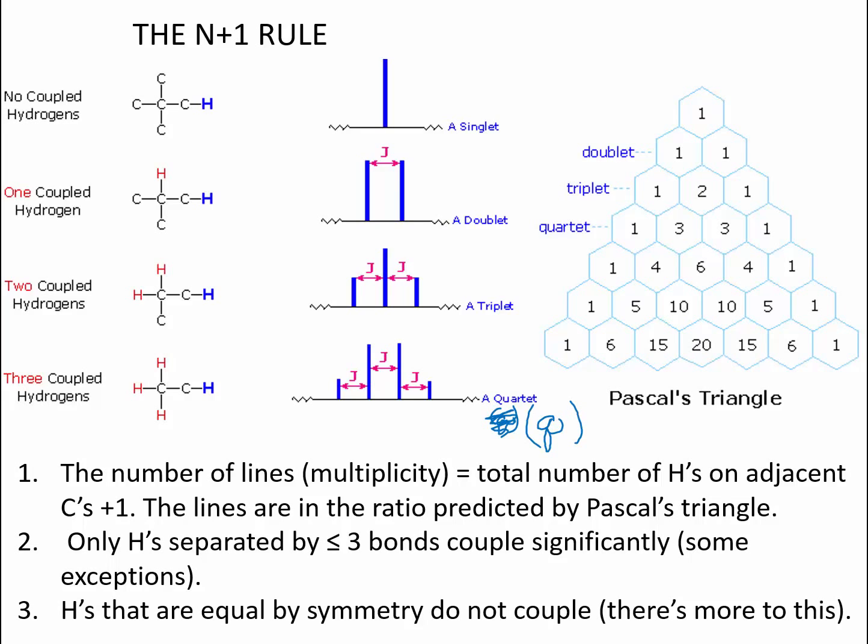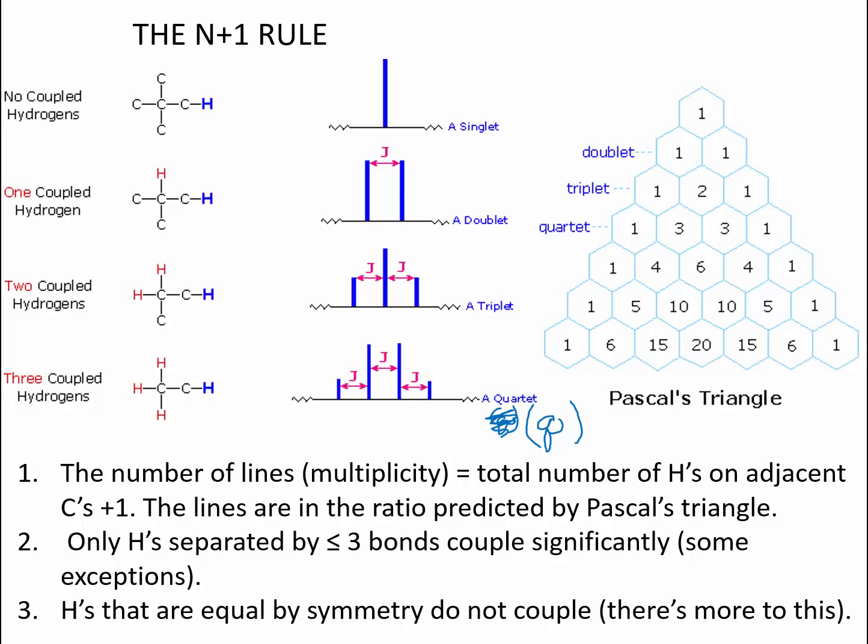What you're seeing starting to emerge here at the top is two peaks in a 1:1 ratio, three in a 1:2:1 ratio, and four peaks in a 1:3:3:1 ratio. This is Pascal's triangle.